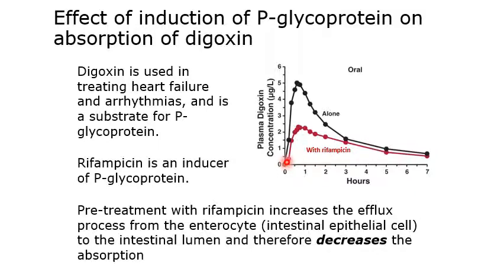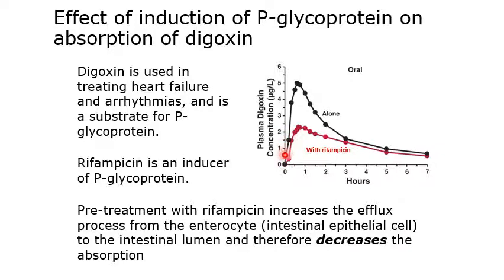The opposite of this case is the co-administration of an inhibitor of P-glycoprotein like erythromycin with digoxin. It is contraindicated to co-administer erythromycin with digoxin because erythromycin will inhibit the basal activity of P-glycoprotein.